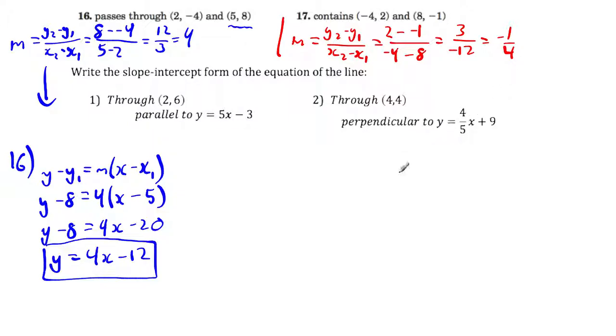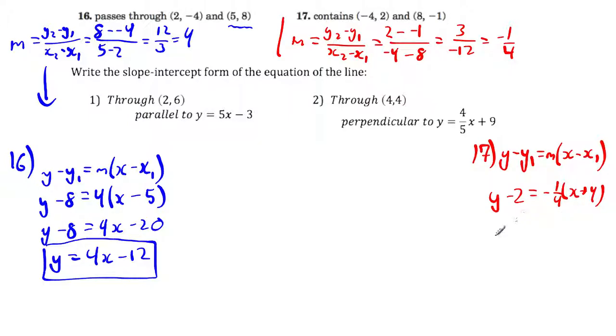And so taking the slope, for number 17, I do point-slope form, y minus y1 is equal to m times x minus x1. I can take any point, so why don't I choose the first point this time? So y minus 2 is equal to negative 1/4 x minus a negative, so plus 4.